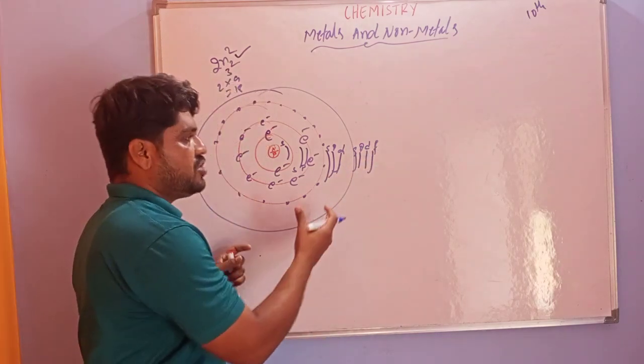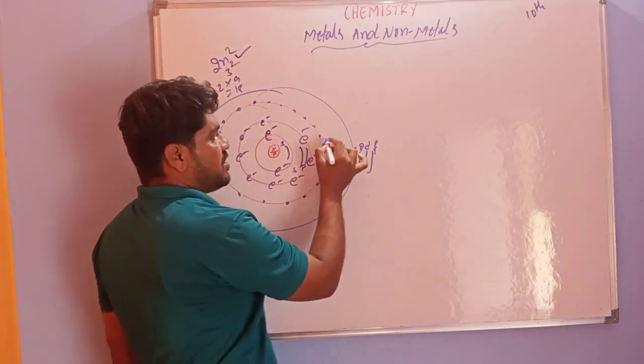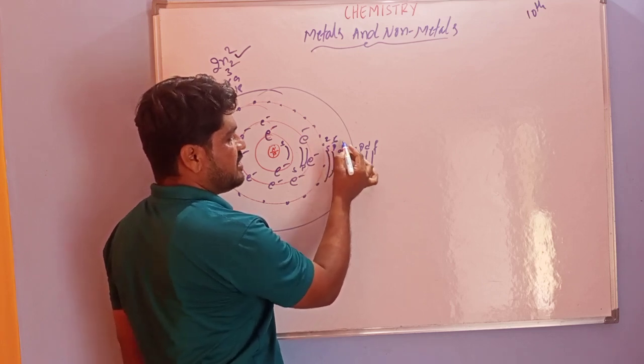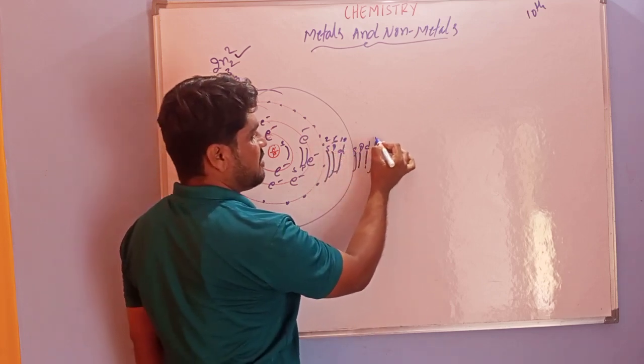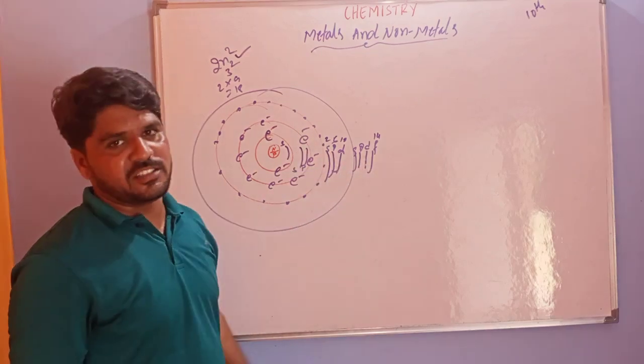In these subshells we have to fill the electrons. The S subshell maximum capacity is 2, P is 6 electrons, D is 10 electrons and F is 14 electrons. Okay, this is all we studied in the last video.